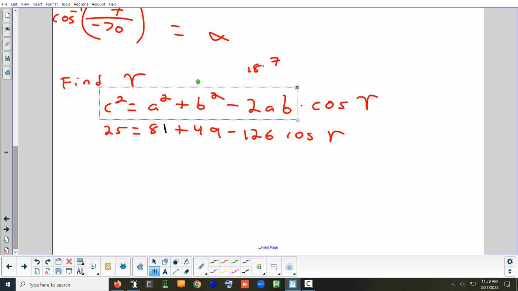Cosine gamma. All right. What's 81 and 49? 130. Yeah, I think that adds up to 130. Cosine gamma. Okay. What would be my next step? Subtract the 130. Okay, 25 minus 130, negative 105.